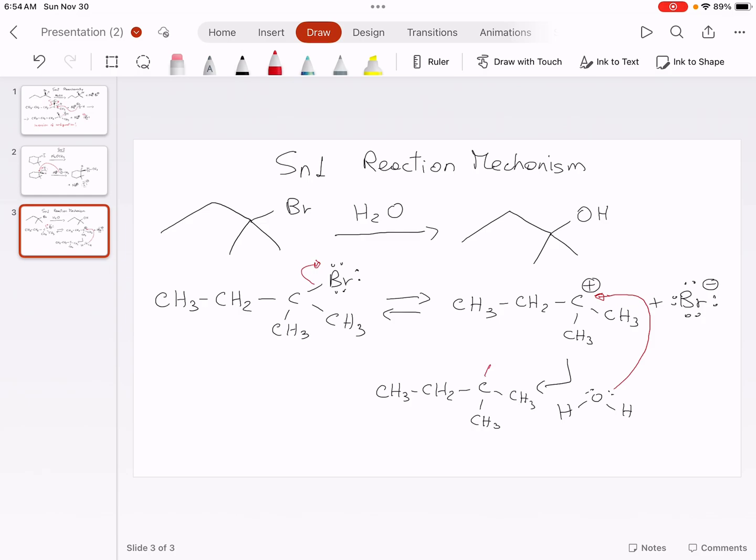The new bond we're going to highlight in red, and then water is going to be attached. Now the oxygen used one lone pair, so now it's going to be positive.